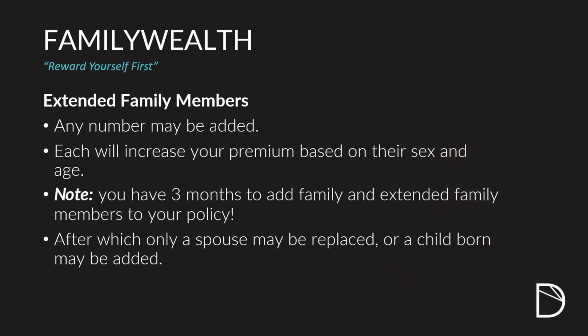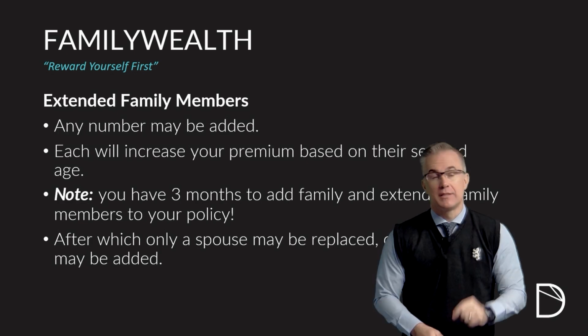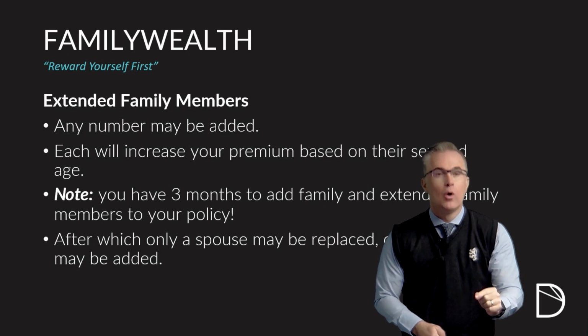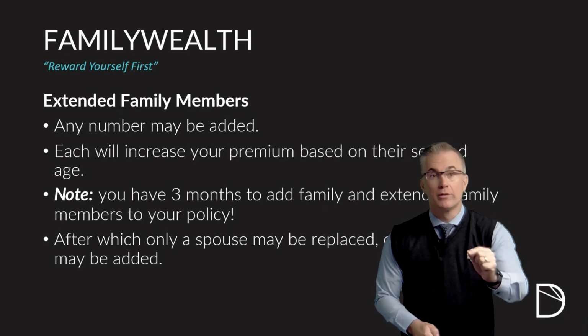Please note that you only have 3 months after you have completed the application form for the policy in which to add your extended nominated family members. After such time, you will not be able to add or replace any more family members. The only individuals that you can add at a later stage after the 3-month period is a new spouse or a new child born to you.